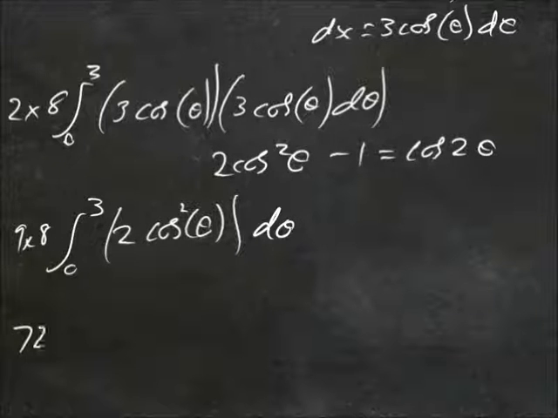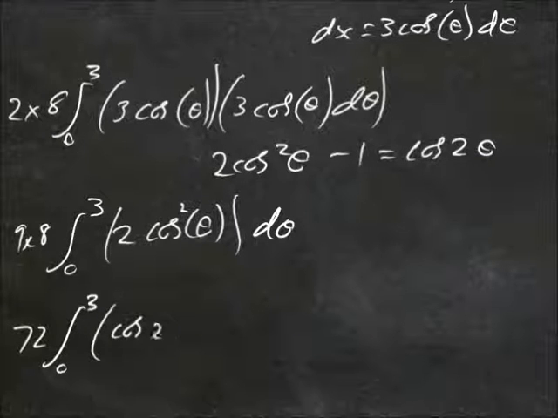This would give us 72, integration from 0 to 3 of cos 2 theta plus 1 d theta.